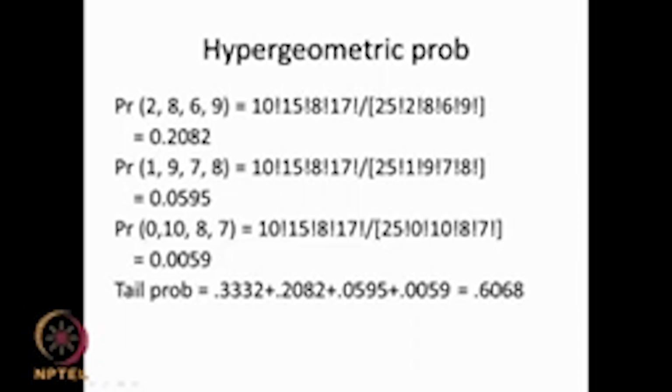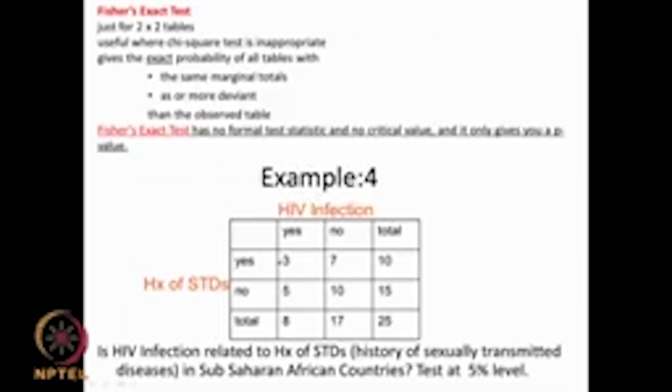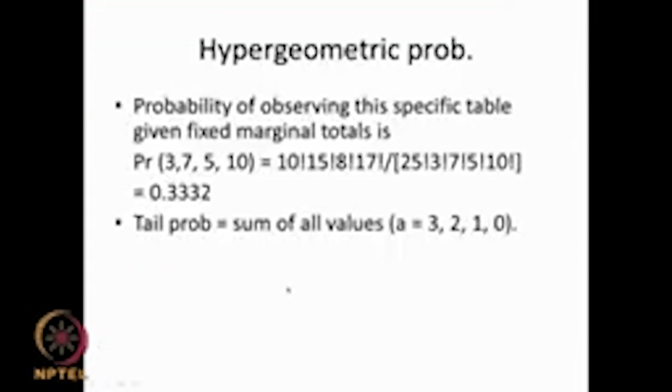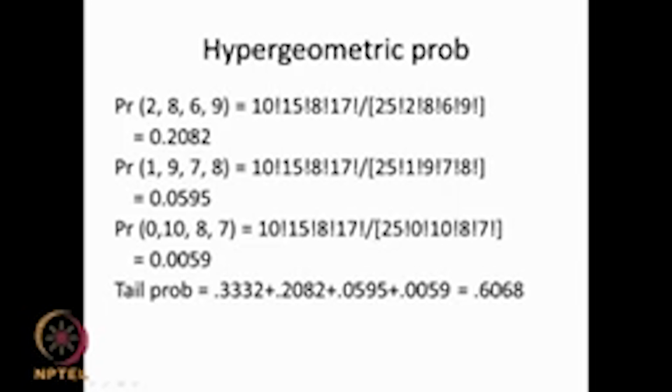And for 1, 9, 7, 8, that means if I put 1 here, this will become 9, if I put 1 here, this will become 7. For 1, 9, 7, 8, that probability is given by 10 factorial, 15, 8, 17. These are the row sums and column sums divided by 25 factorial, that is the grand total, then 1, 9, 7, 8, that gives you a probability of 0.0595.